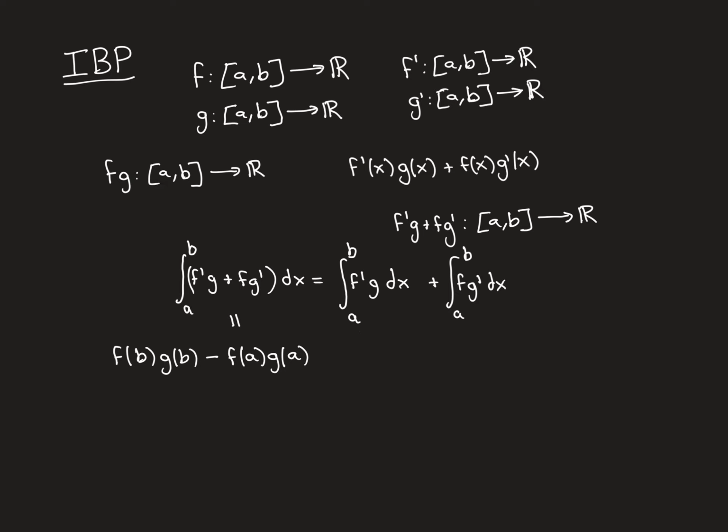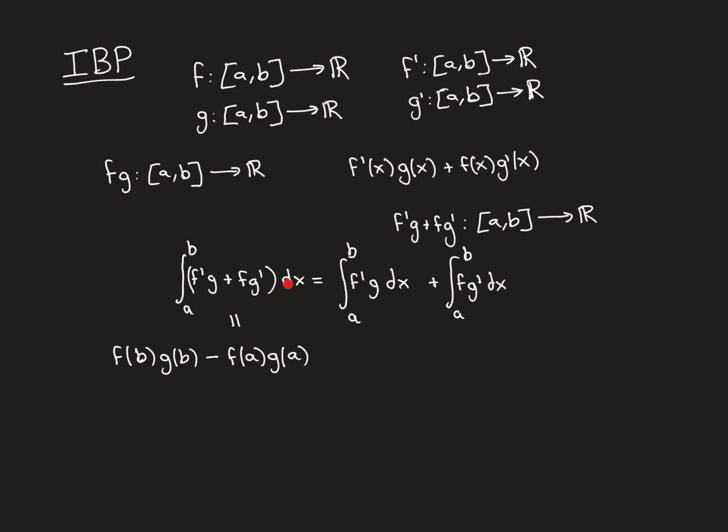So by the second fundamental theorem of calculus, the value of that integral is going to be the value of this function evaluated at the upper bound minus the value of this function evaluated at the lower bound. So the value at the upper bound is f times g of b, which is f of b times g of b, and the value of the function at the lower bound is f of a times g of a.